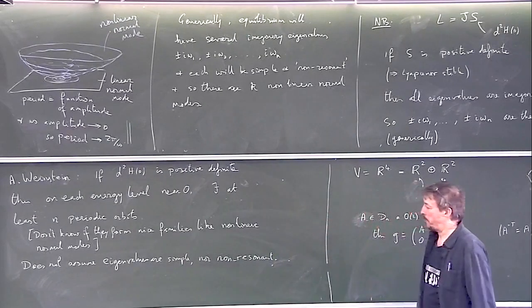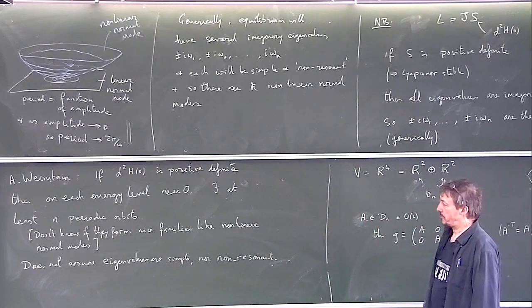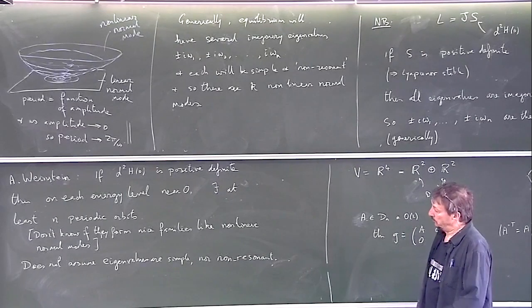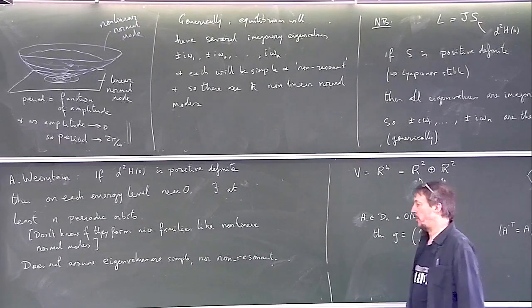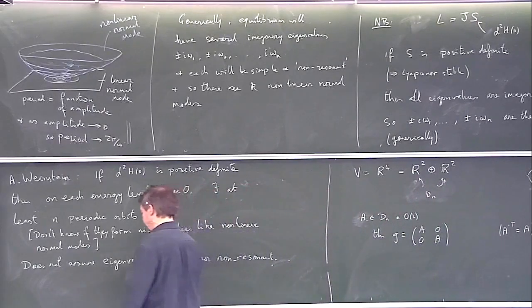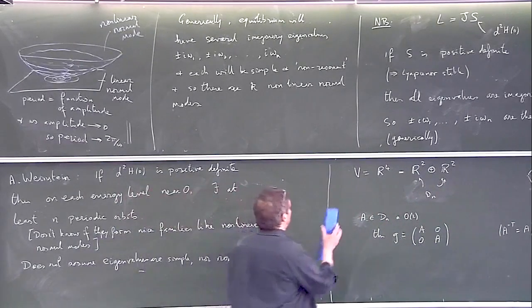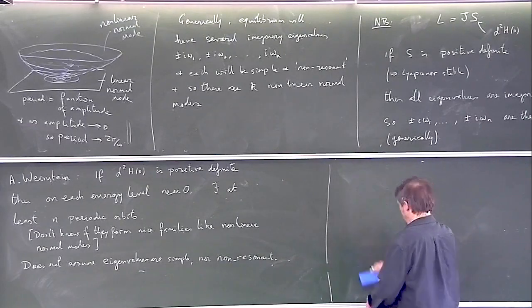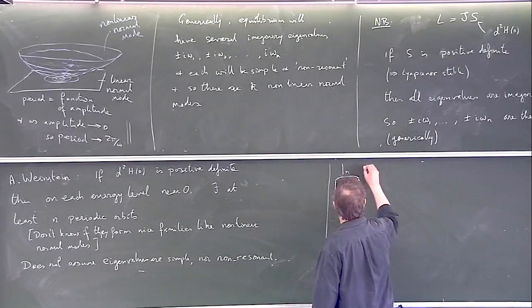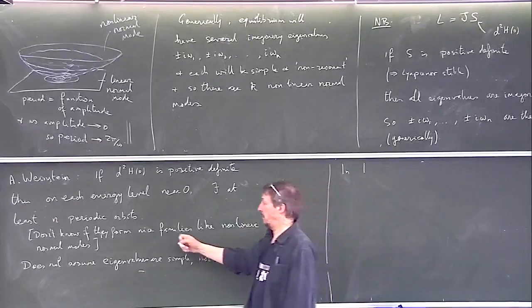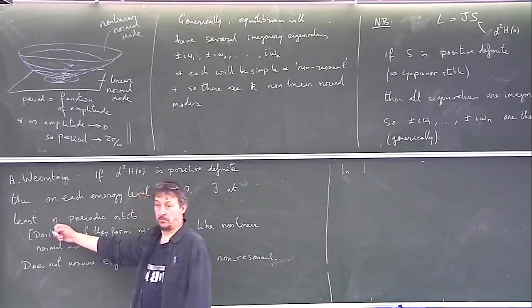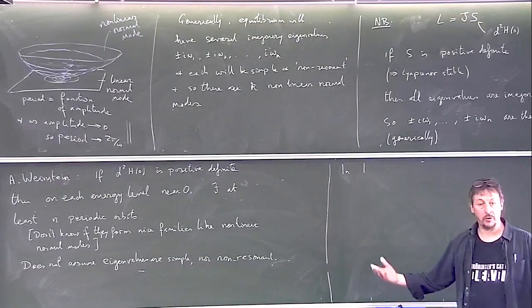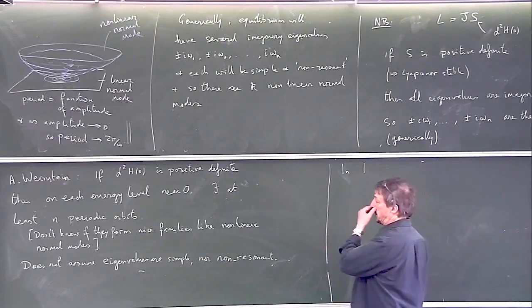All right? This is a lower bound, and there may be many more. We don't know. All he could prove is that there are at least n.